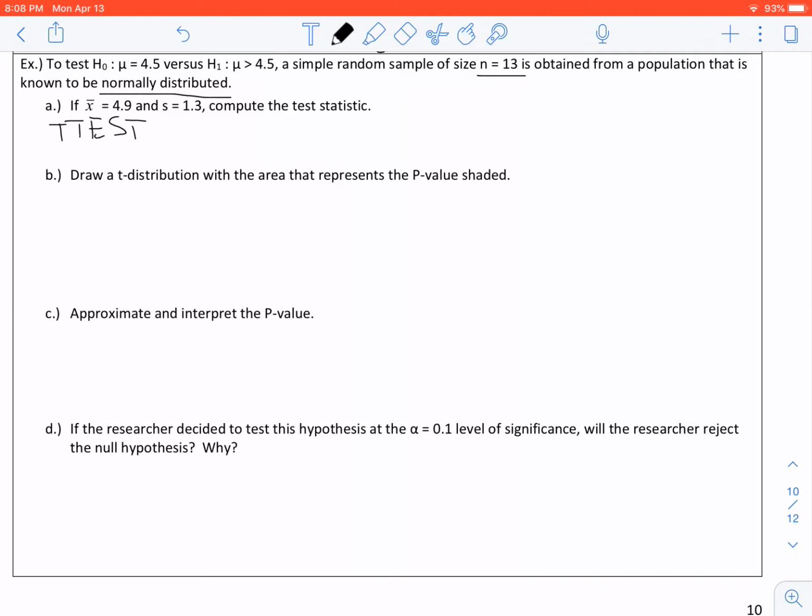So mu naught is 4.5. We know x bar is 4.9, s is 1.3, and our sample size n is 13. Once you have all those values in, you go to t-test, go down to calculate, hit enter, and let's go ahead and round this to 3 decimal places. So t is going to be your test statistic. It's 1.109.